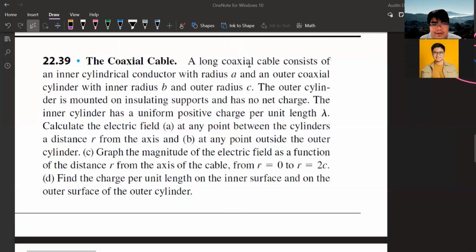Yes, you have to assume na on the outer coaxial cylinder, uniformly distributed ang positive and negative charges. Sige, 1 minute pa. Sayang naman. Sayang bonus points.